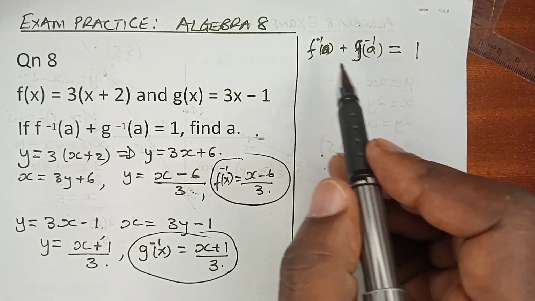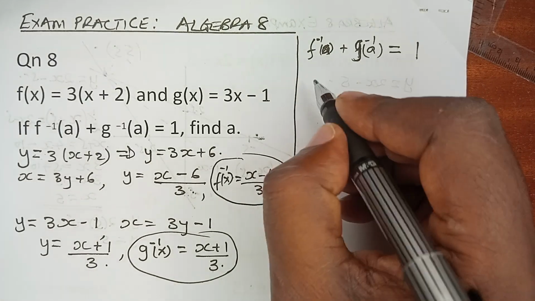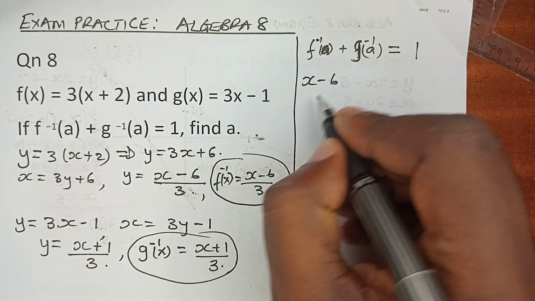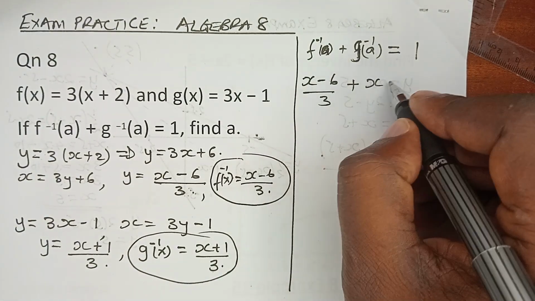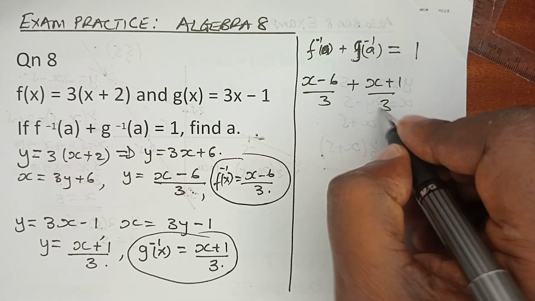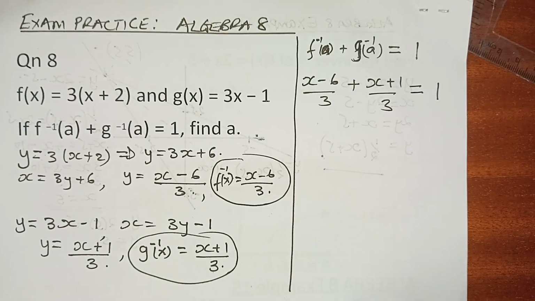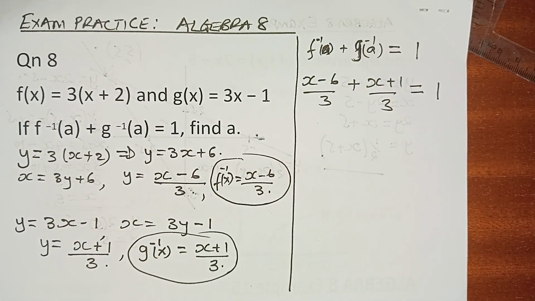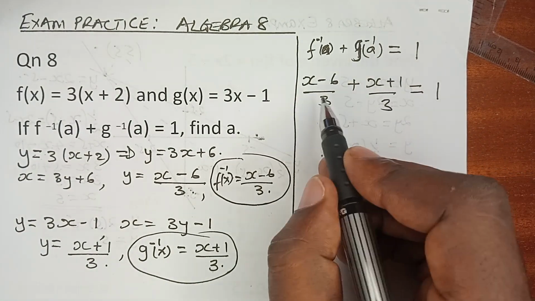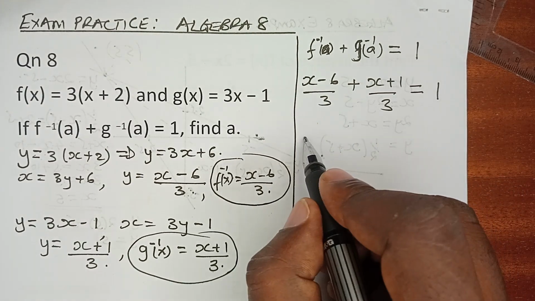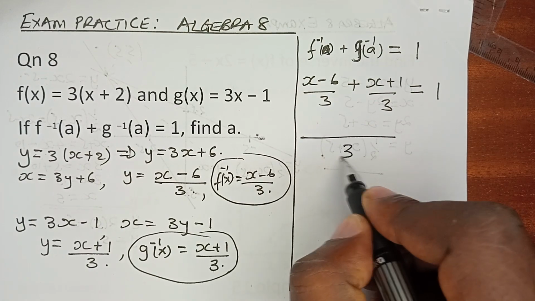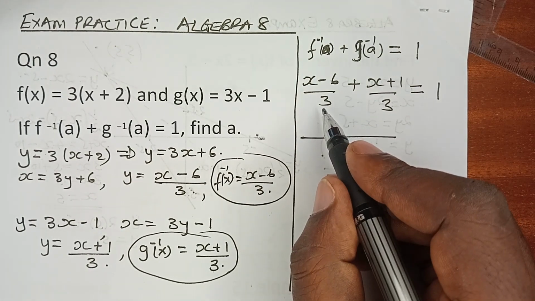It means (x - 6)/3 plus (x + 1)/3 is what is going to give us a solution of 1. On the left-hand side we are adding, and both have denominators of 3, so the LCM is straightforward: 3.